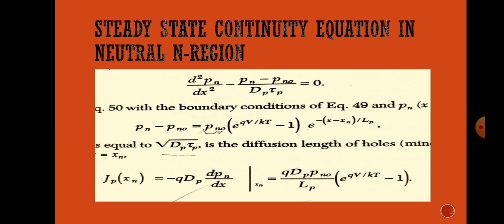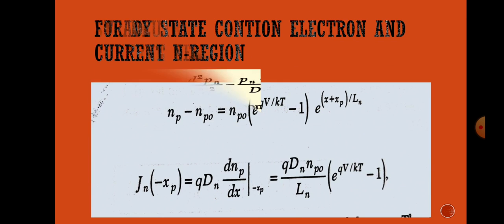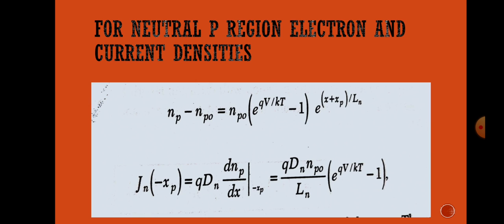So similarly, we obtain for the neutral p region np minus np0 equal to np0 (e to the power of qV by kT minus 1) e to the power of (x plus xp) divided by Ln, and Jn at minus xp is equal to q Dn dnp by dx at x equal to minus xp, which is equal to q Dn np0 divided by Ln (e to the power of qV by kT minus 1). Here Ln is equal to the square root of Dn tau n, the diffusion length of the electrons.